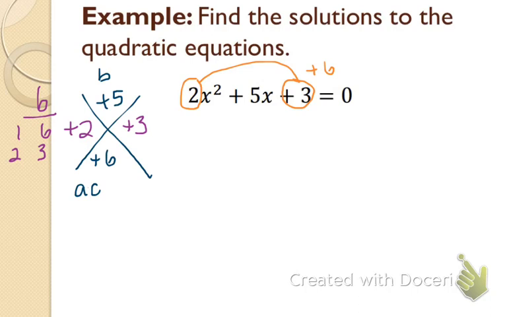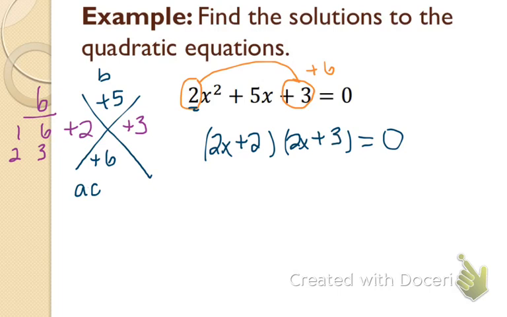Next we set up our factored binomials. Since the expression is equal to 0, then the equation has to be equal to 0. Since we have a leading coefficient, that means our binomials need to have the same leading coefficient. One is going to have the positive 2, and the other is going to have the positive 3.